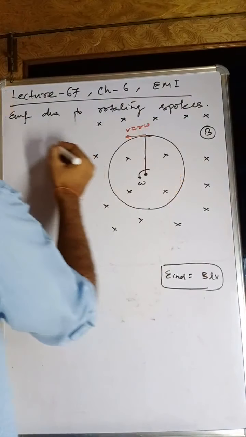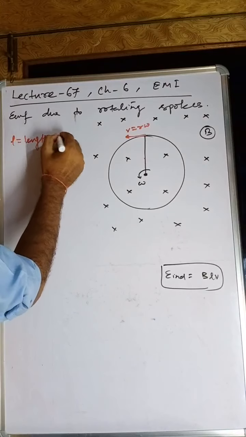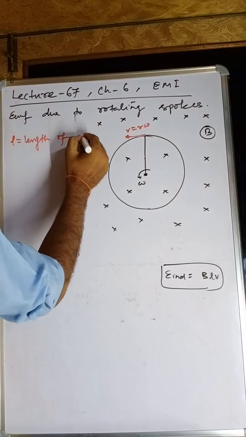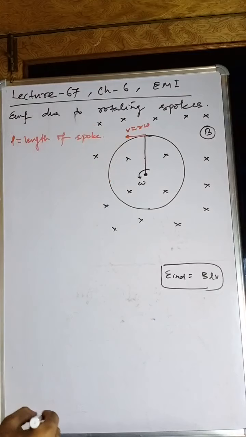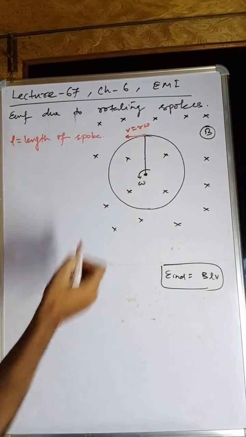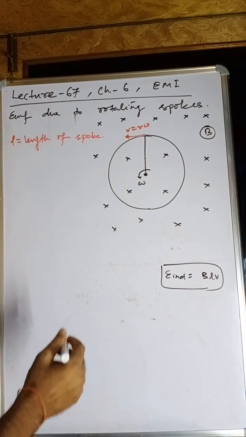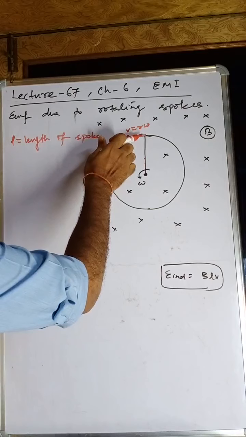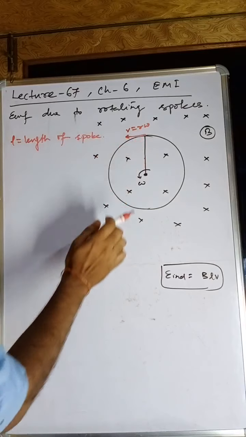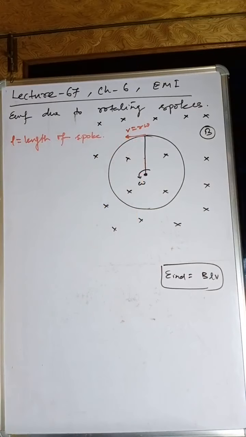Suppose the length is given as L, the length of the spoke. Then the speed of this tip will be V equals R omega. Am I right? Yes. But as you move down, the speed will decrease. In fact, the speed of the spoke element at the center will be 0.